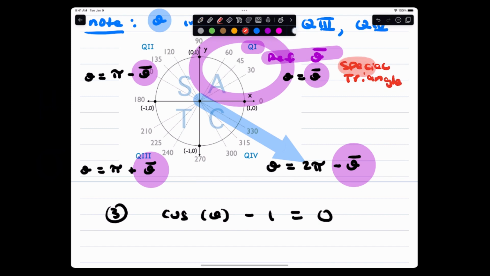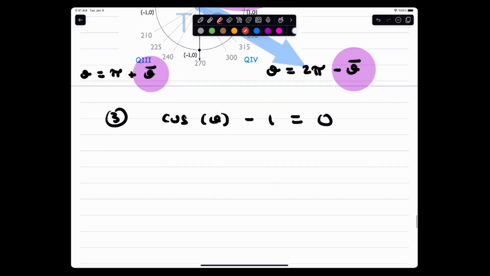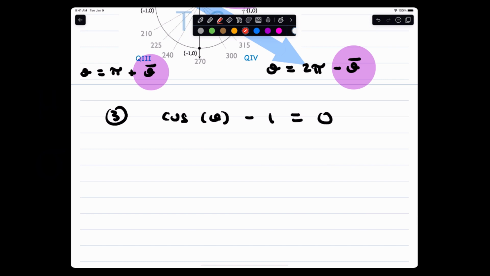So, ladies and gentlemen, there's ways we can solve this. Remember what we discovered yesterday? We said start by solving for cosine. By adding 1 to both sides, what do you end up getting?